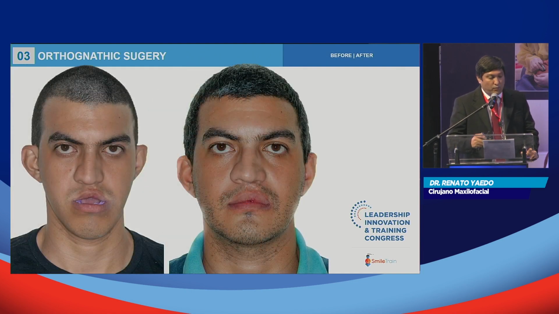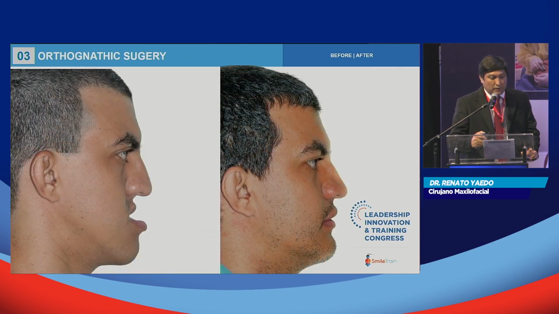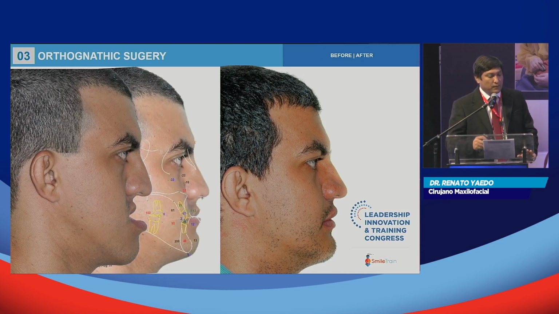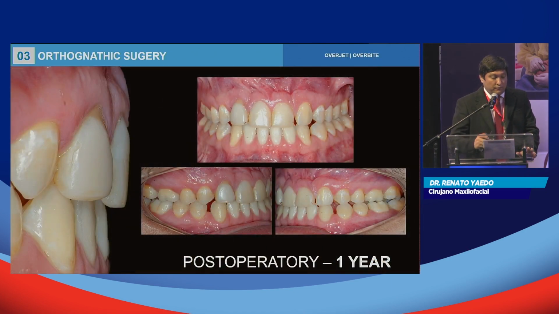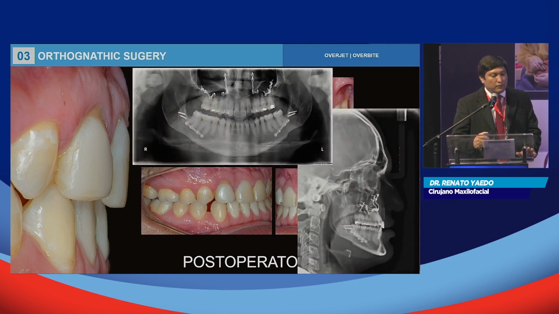This is the comparison before and after in frontal view and profile view. You can see in this phase our virtual treatment planning. You can compare that the final result is very similar in this patient. The occlusion, the final occlusion, more than 1 year, and the final X-ray around 5 years postoperative.